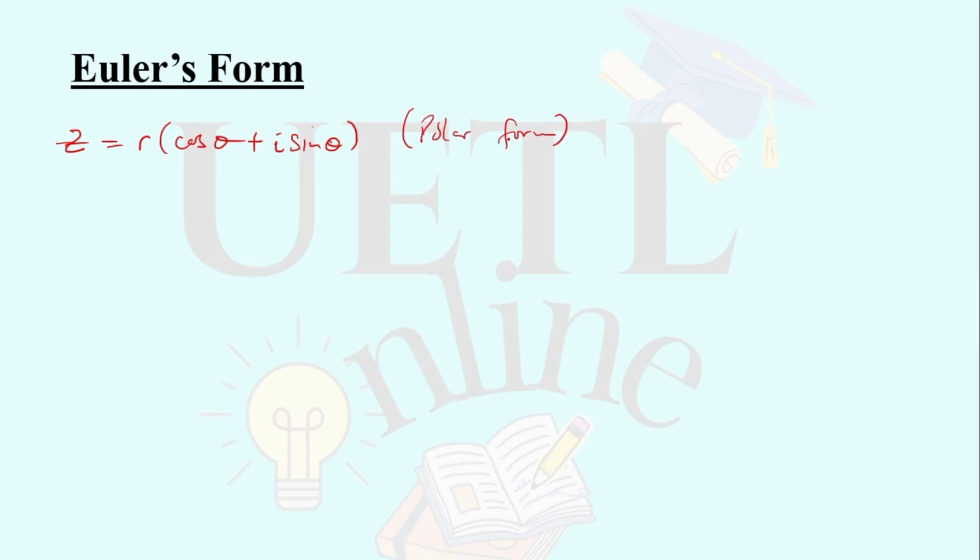To represent this in Euler form, it's going to become z equals r e to the power i theta. You don't need to write the cos and sine.